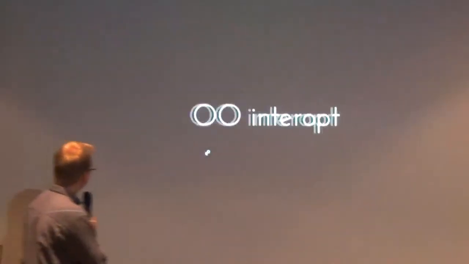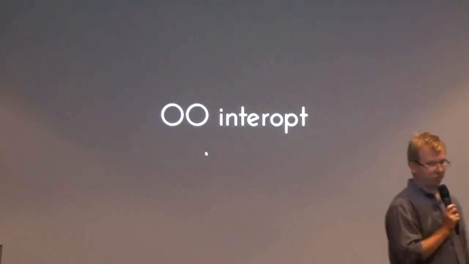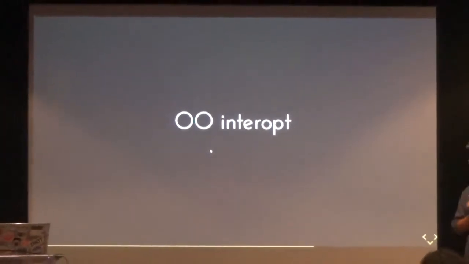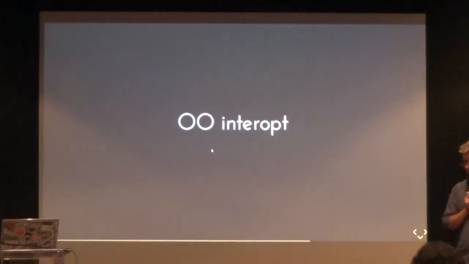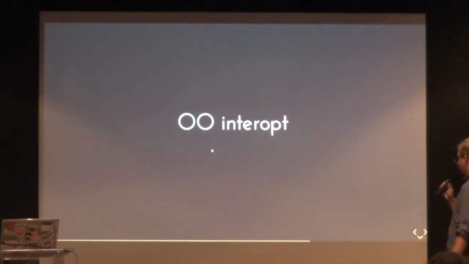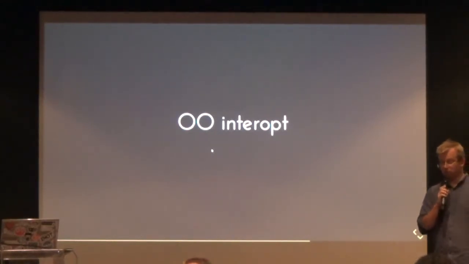Next thing is OO interop. As you probably know, F# has really decent interop with object-oriented programming, maybe with object programming, depending on your definition. You can do classes, you can do interfaces, you can do abstract classes, whatever.